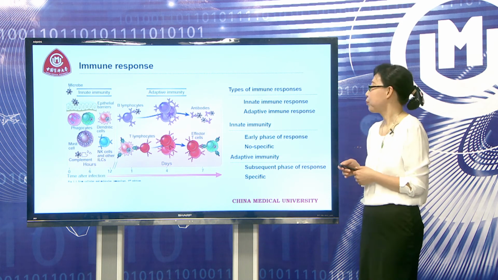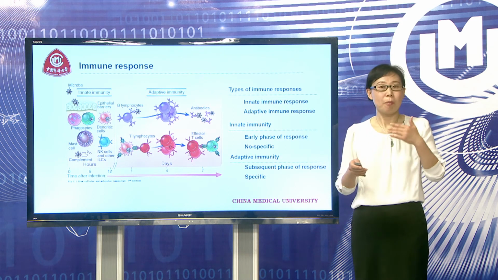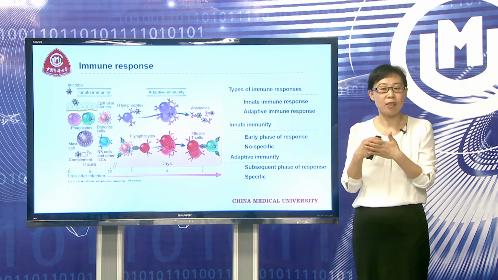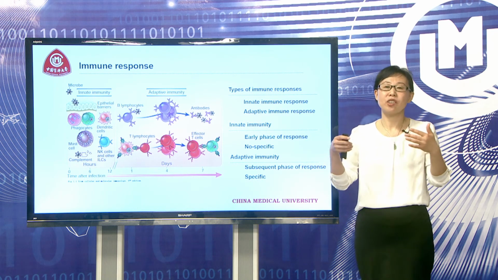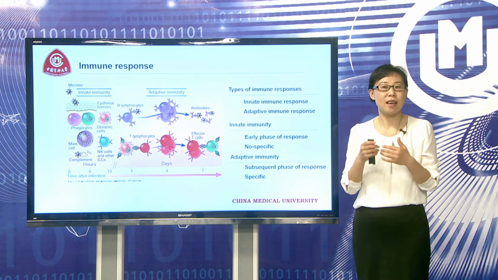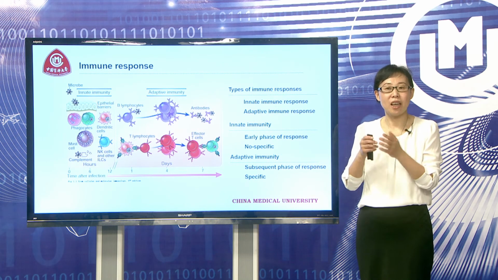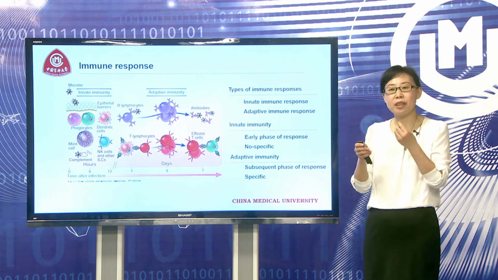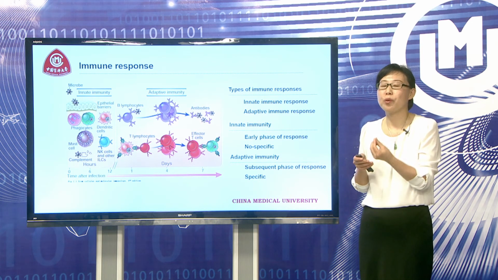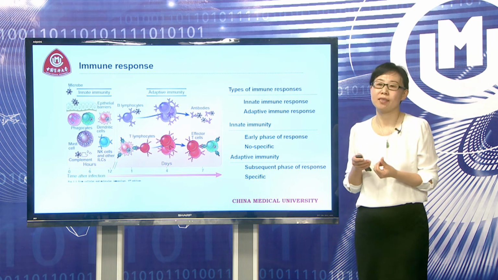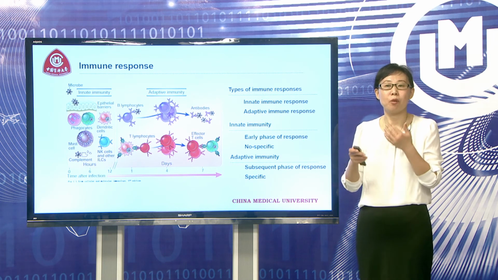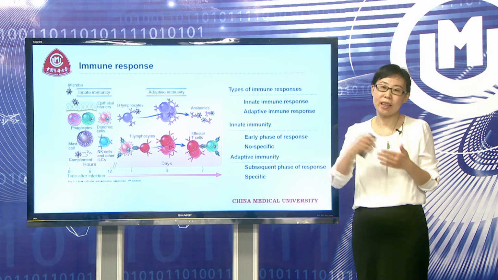For example, when the dendritic cells encounter some pathogen, they will take up the pathogen inside the cells and degrade the pathogen into small pieces, and then present those peptides for activation of the T lymphocyte. Then T cells will become effector cells to fight against the pathogens.